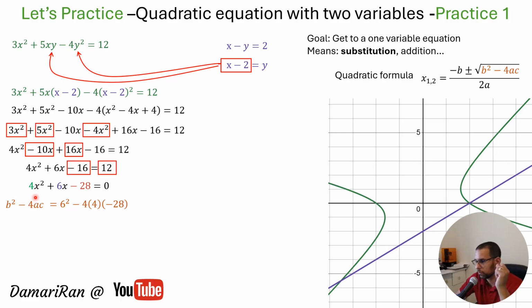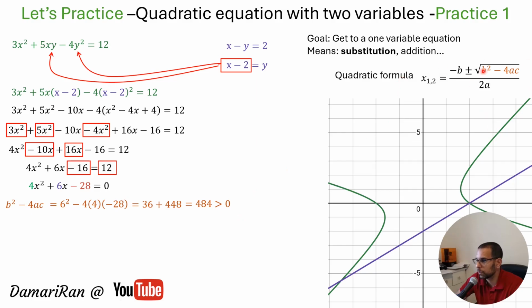If it's equal to 0, we should expect 1. And if it's smaller than 0, we should expect no result, no intersection points. All right, so I plugged 6 right here in the B, minus 4 times A, which is 4, and times C, which is minus 28. All right, doing a little math, and we get a positive term.